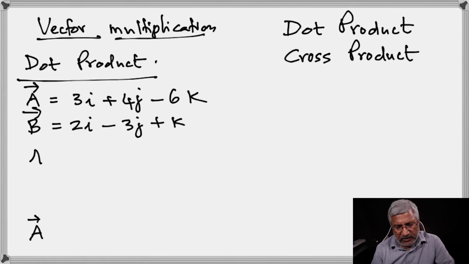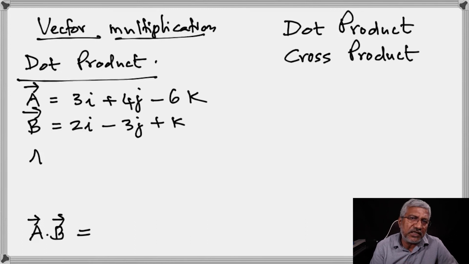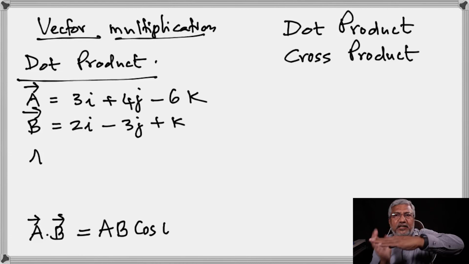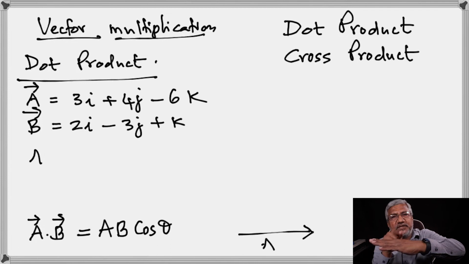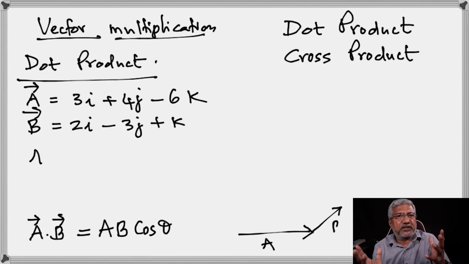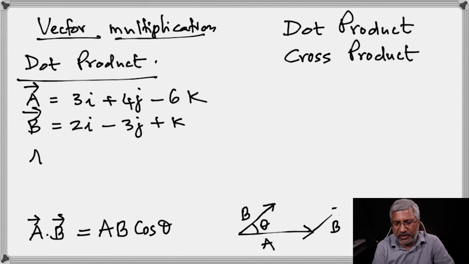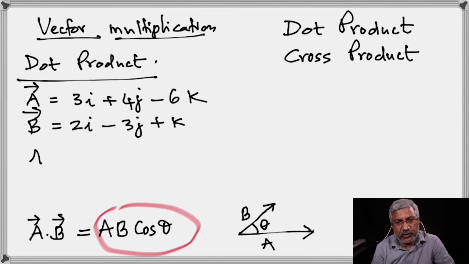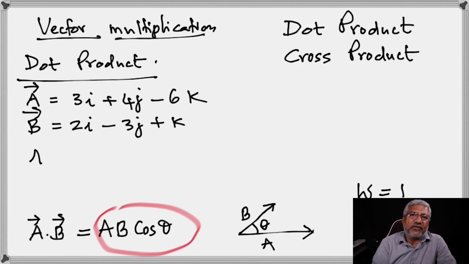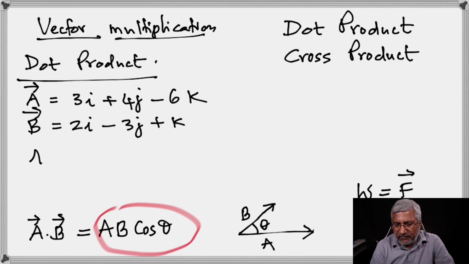To take the dot product, A dot B, before you do that, I also want to tell you that A dot B is actually AB cosine theta, where theta is the angle between the two vectors. So if you have A like that and B like that and the angle between them is theta, dot product simply means A times B times cosine of the angle, as I'm showing you right there. You can do it that way, but using the unit vector method, it's even easier.